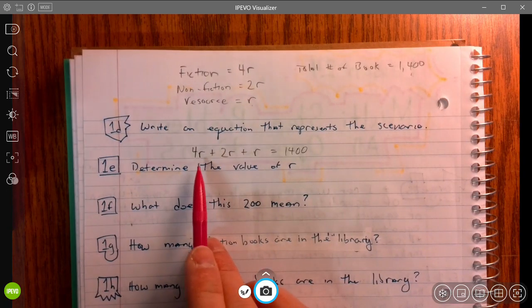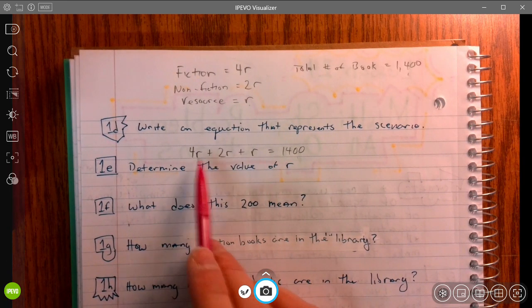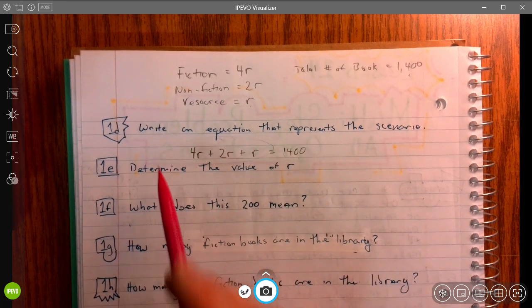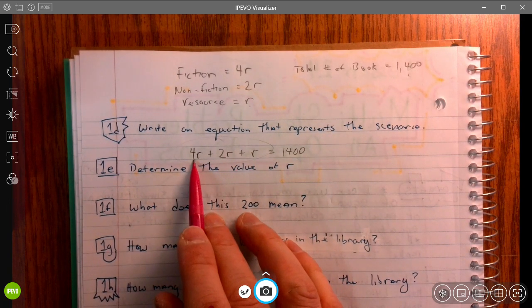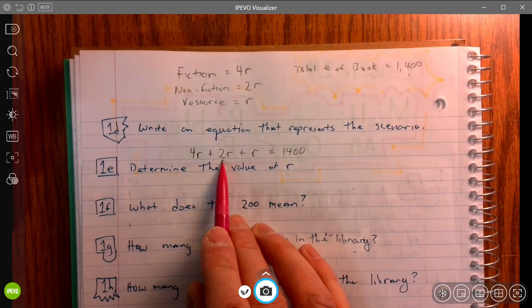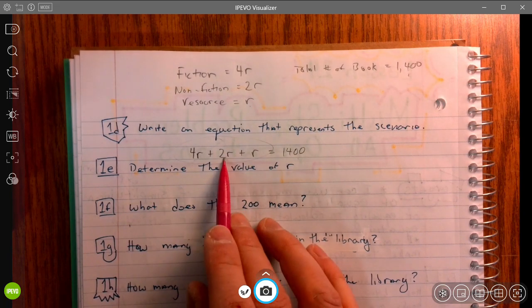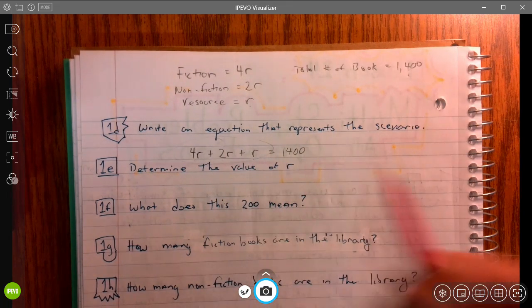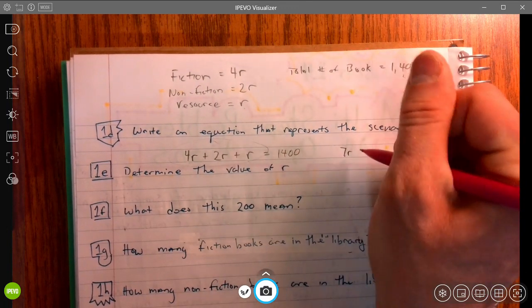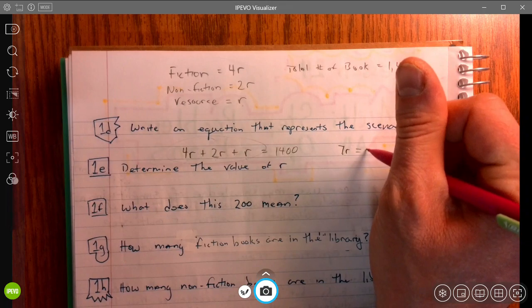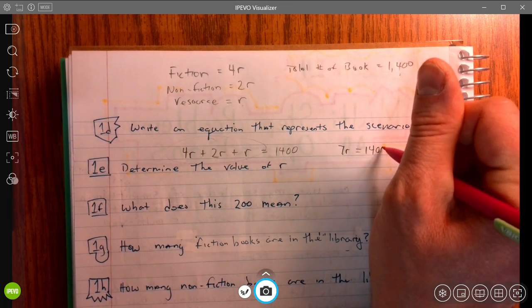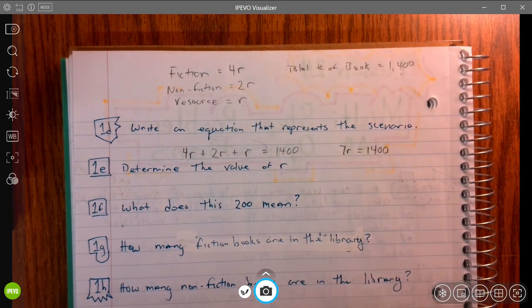I can simplify this equation right here by combining like terms. So 4R plus 2R is 6R. 6R plus another R is 7R. And on the right side of the equation, again, we just have the number of books.